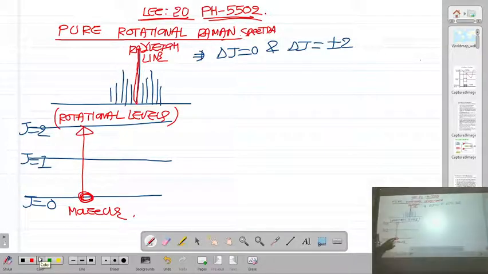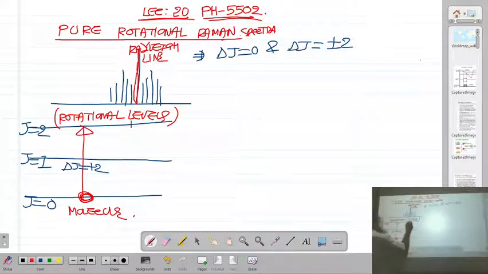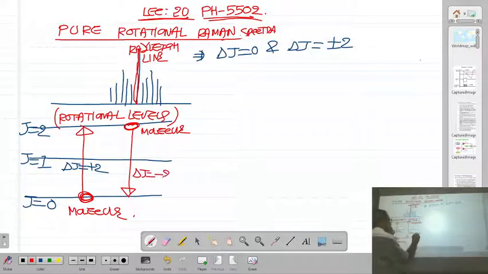Say, when the molecule goes from 0 level to plus 2 level, what is the difference of quantum number delta J? Plus 2 minus 0, that is plus 2. And when the molecule makes a transition from plus 2 to 0, the value of delta J is minus, right?